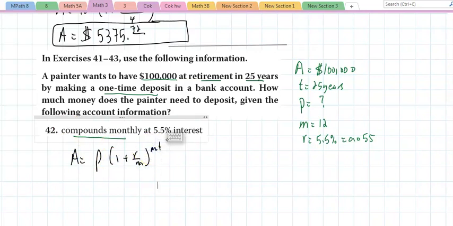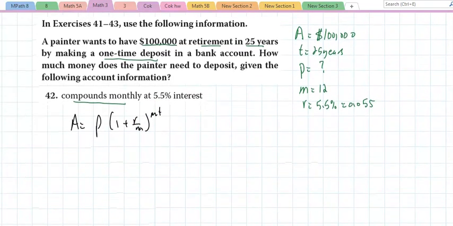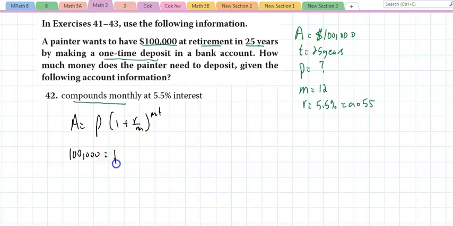Well, let's fill in the blanks. We want 100,000. P is how much I should deposit right now. 1 plus R is 0.055. M is 12 raised to the 12 times 25. Now, do you see that I want P by itself?